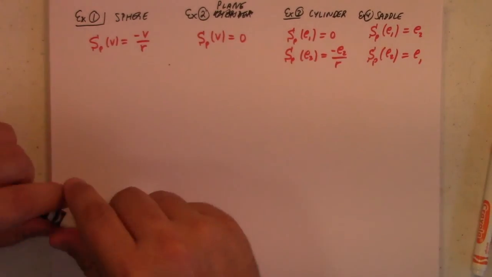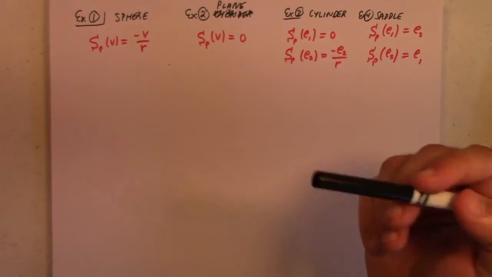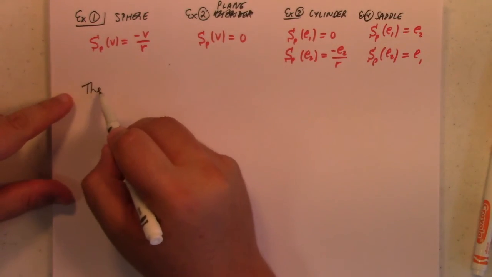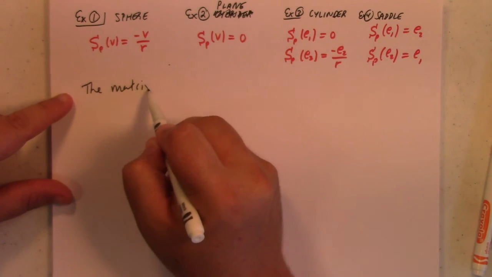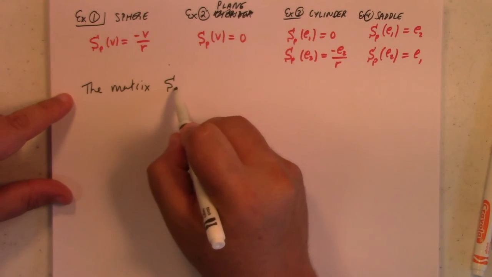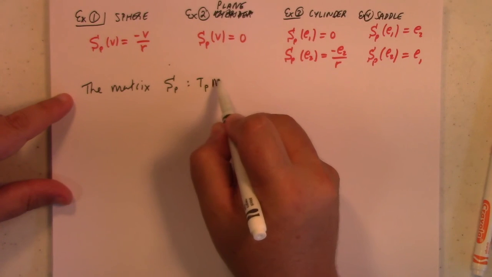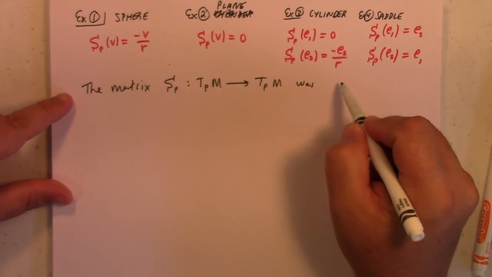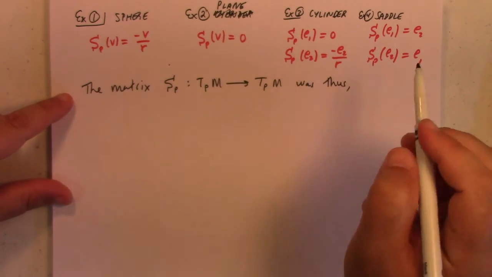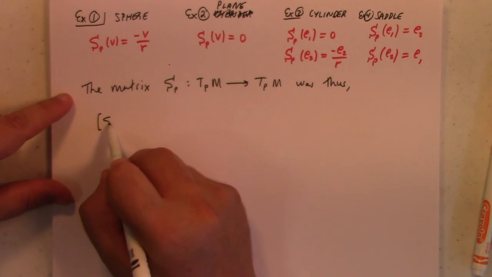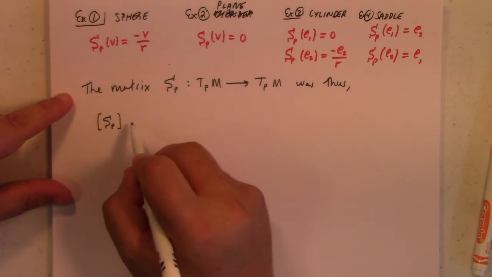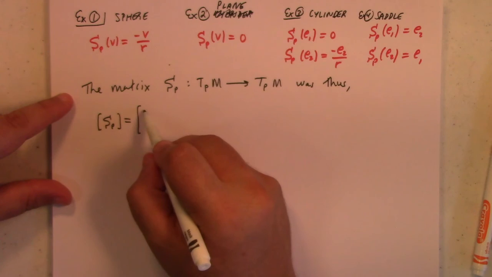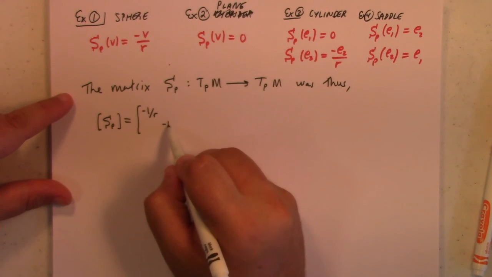So now we didn't even have a choice of basis in some sense here, but if you fix a point P, think about the matrix for the shape operator, which again is a linear transformation from T_P M to T_P M. It doesn't matter what choice of basis you choose.